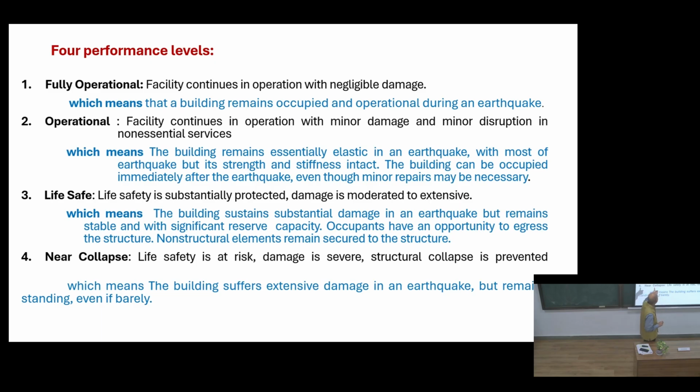So that is the third level, which we call life safe. So the last one, near collapse. Near collapse means life safety is at risk. How it is at risk, we will talk. Damage is severe and structure collapse is prevented. The structure in the last case also is not going to fall.